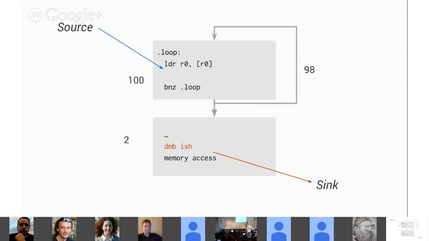And then this will automatically sink the fence because as soon as it can be sunk, it will be much cheaper to do outside of the loop than inside of the loop.